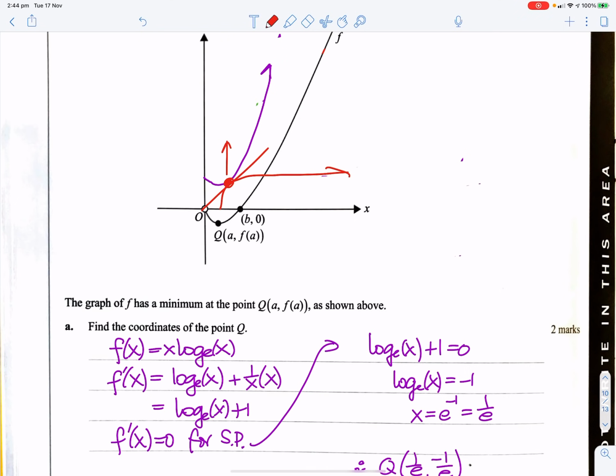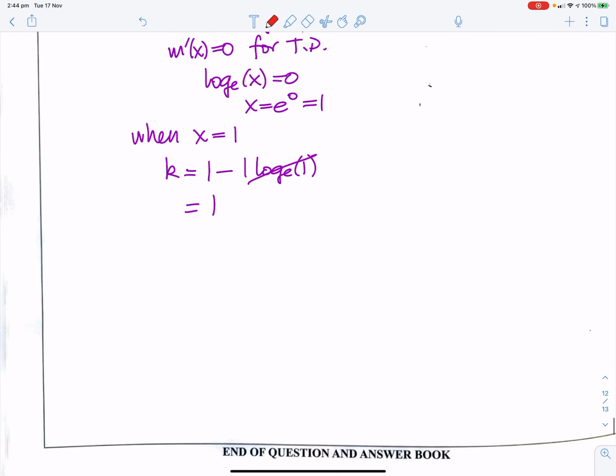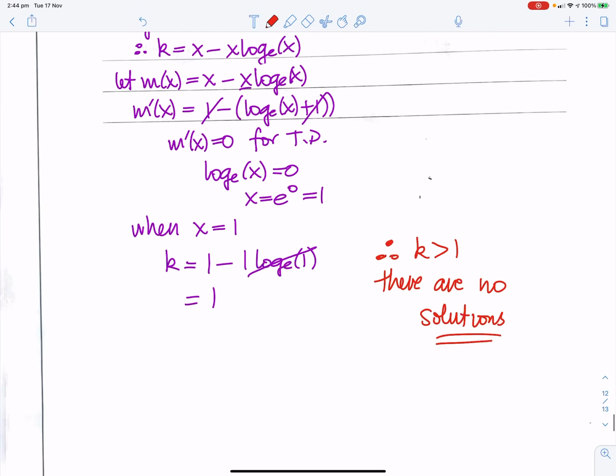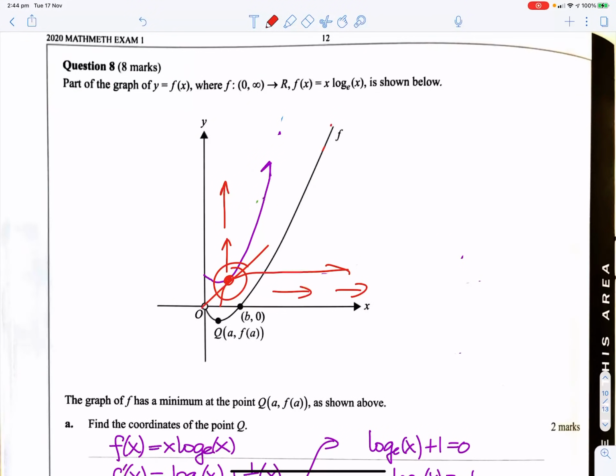As k increases, this graph's going to go upwards and this graph's going to go to the right, which means that when k is greater than 1, there are no solutions. So when it's equal to 1, it's when they just touch and intersect. But when it's greater than 1, this graph's going to move up, this graph's going to move to the right.